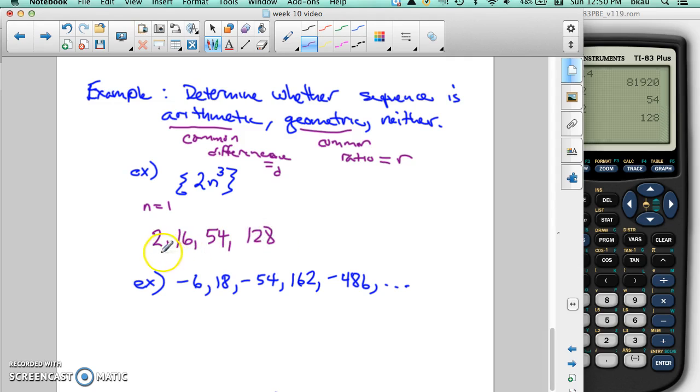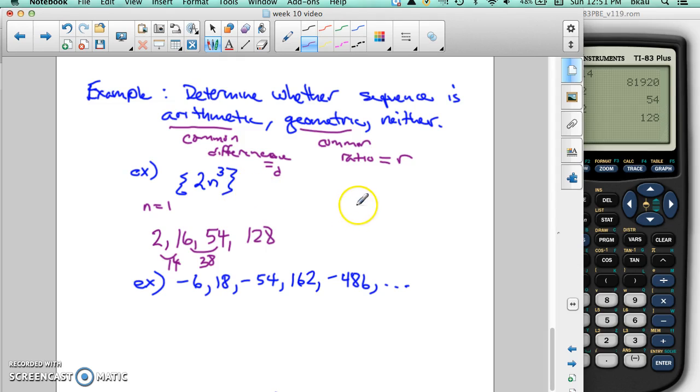I can see here that there is no common difference. If we subtract this pair, we get 14. If we subtract this pair, we don't get 14. We get 38 for that difference. So there's no common difference, so it's not arithmetic.